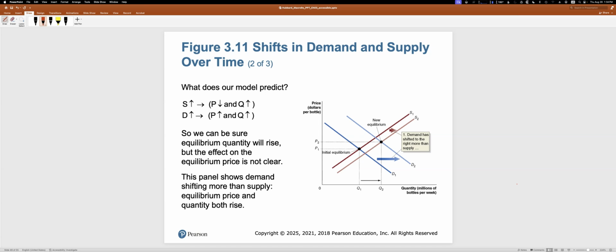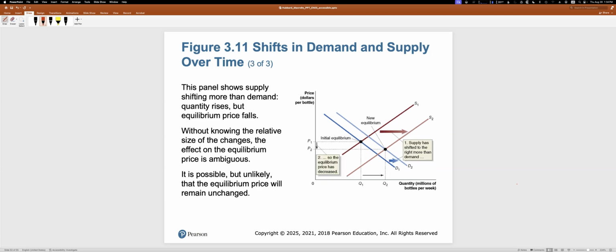And so that's what you will see here in these slides, is that they draw these different pictures. One where demand shifted more than supply, and then the other one where supply shifted more than demand. So another way of saying this is that there's some ambiguity in how the price is moving if you don't have enough information about how things are changing. So you would need more information.